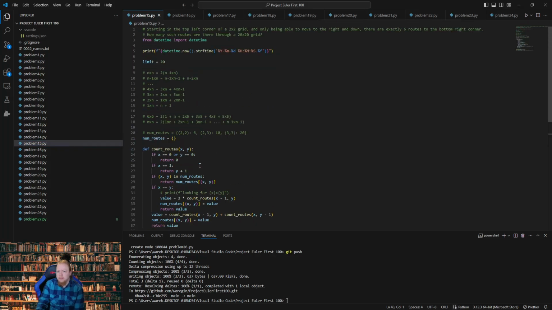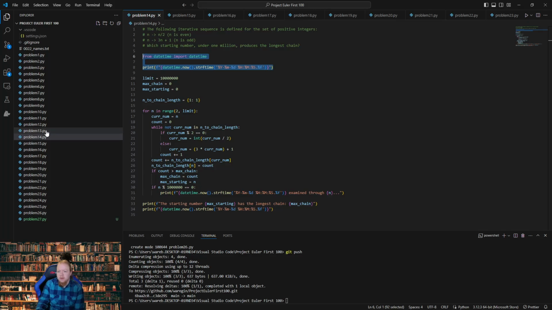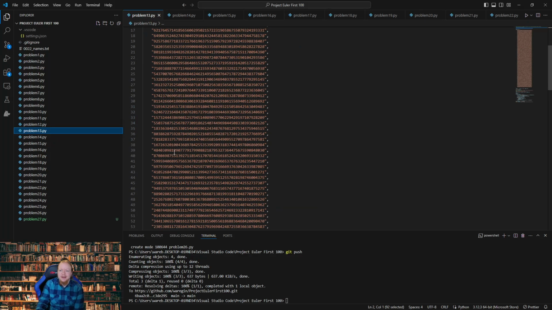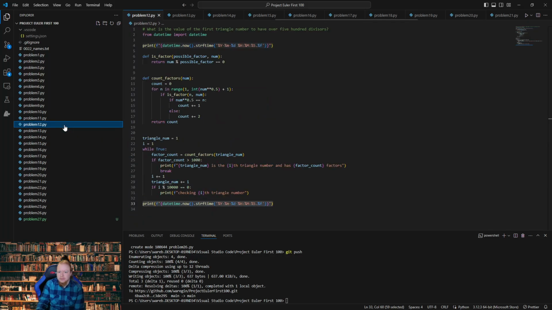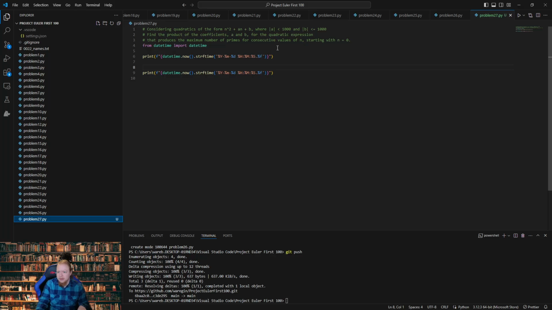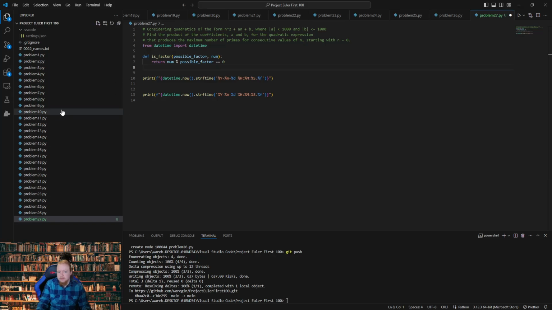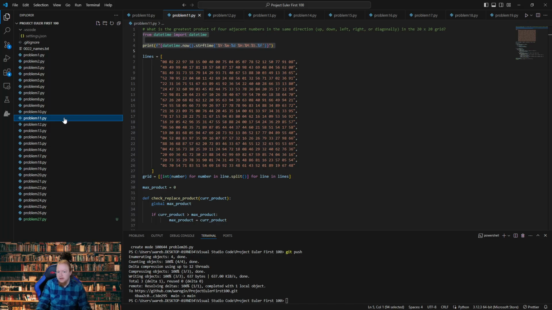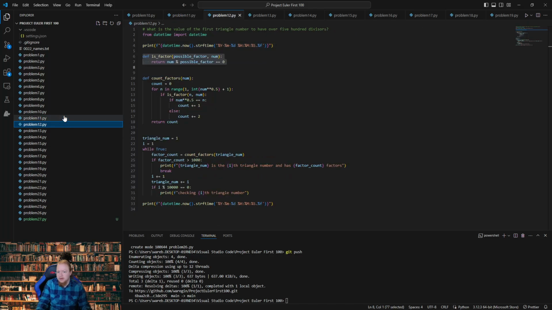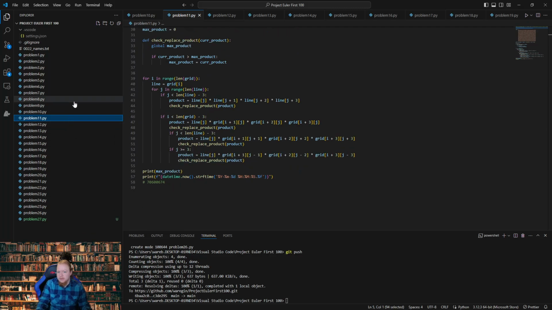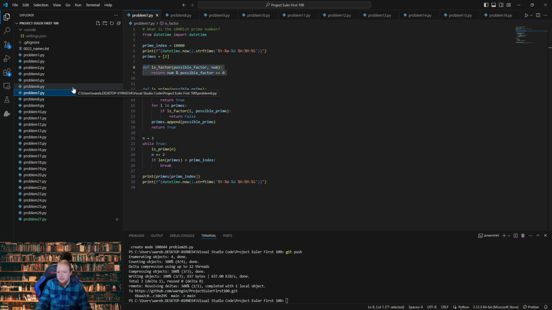So I am now trying to remember, when did we last do anything with primes? And let's see. So we definitely need this. This is the factor function, so we'll pull that over. What was that? There's our isPrime.